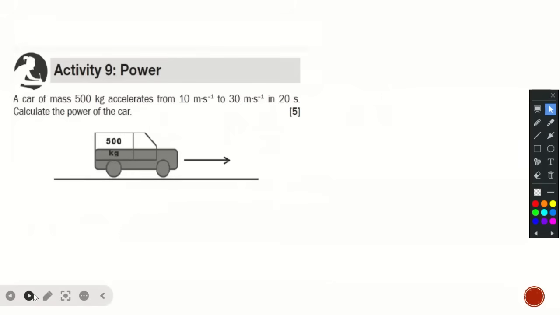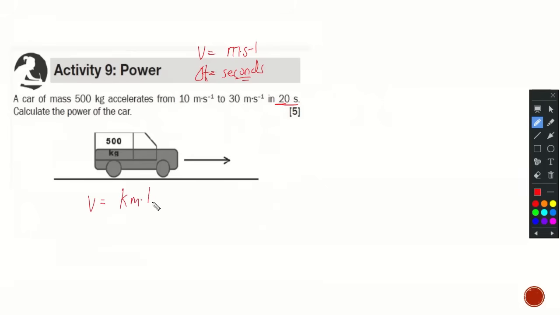So we have activity 9. It says a car of mass 500 kg accelerates from 10 meters per second to 30 meters per second in 20 seconds. What's important to note here is that your delta time must always be given in seconds, and your velocity must be given in meters per second. Over time, you will see that sometimes velocity or speed can be given in kilometers per hour, which, if you want to convert to meters per second, you have to divide by 3.6.